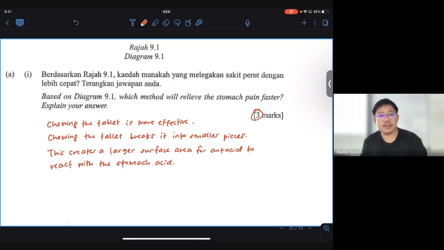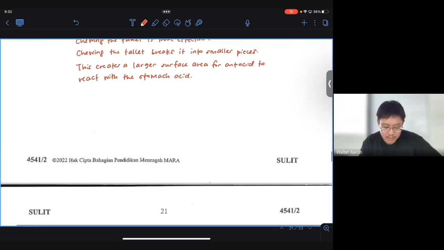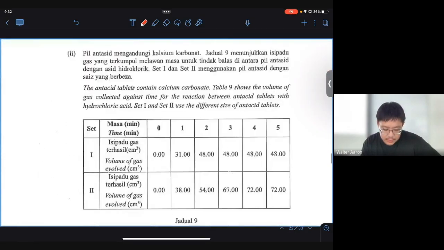Okay, so you got 3 marks. Okay, all right. Then after that, we can see here number 2.